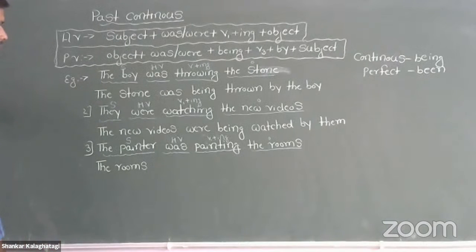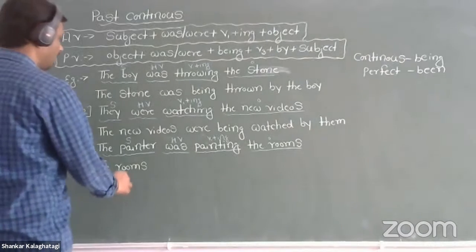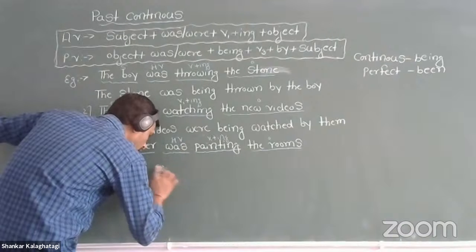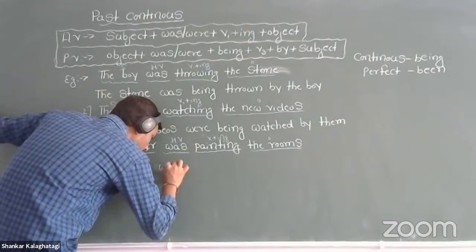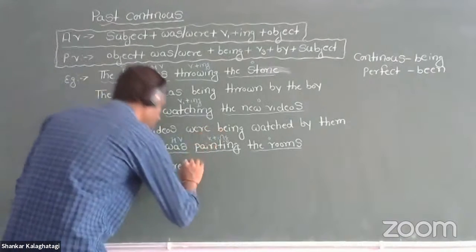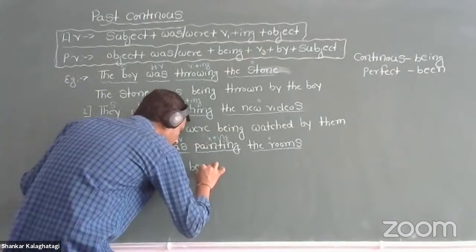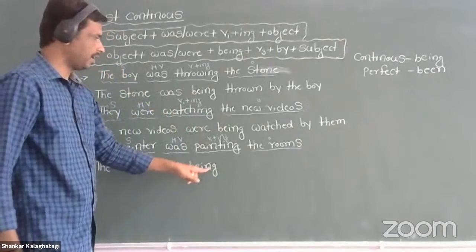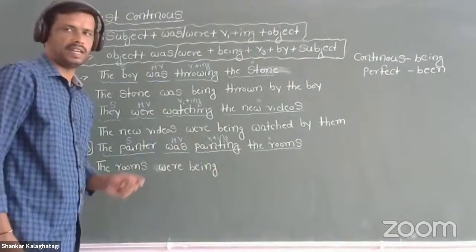Simple thing. After the rooms, what do we have to write? We have to write a helping verb. Now rooms is in the form of plural, so use the plural helping verb. Rooms were. After were we have to write being, because it is continuous again. The rooms were being. Now painting is the first form, paint.